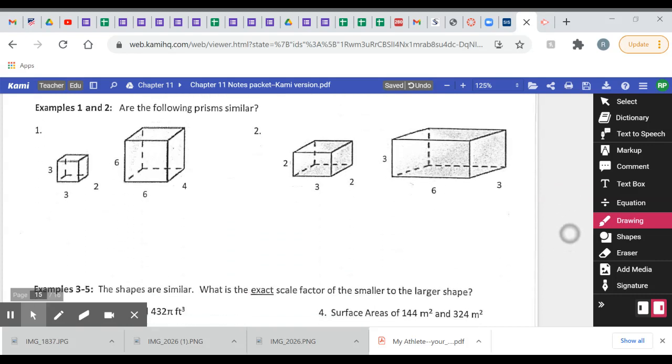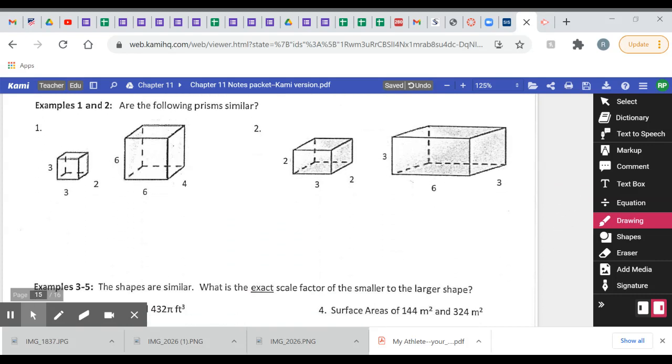So if we look at the first couple examples here, they're asking us, are the following prisms similar to each other? In this particular case, if I look at the smallest length of the small cube and the smallest length of the cube on the right, and I write that as a ratio, I've got 2 over 4.